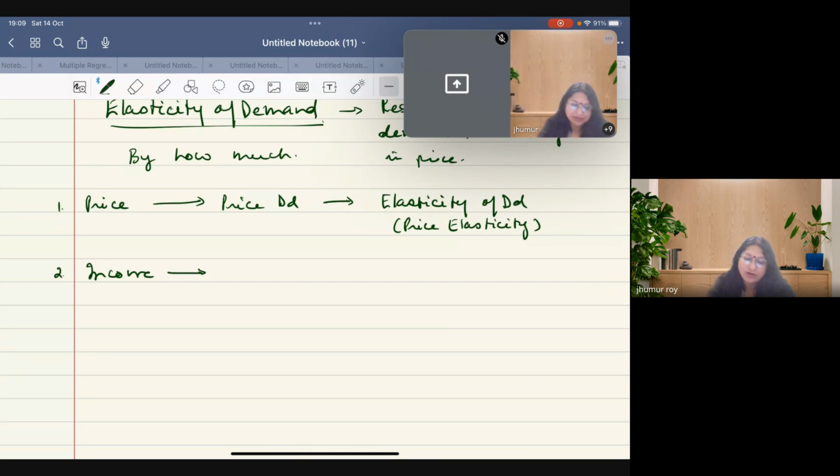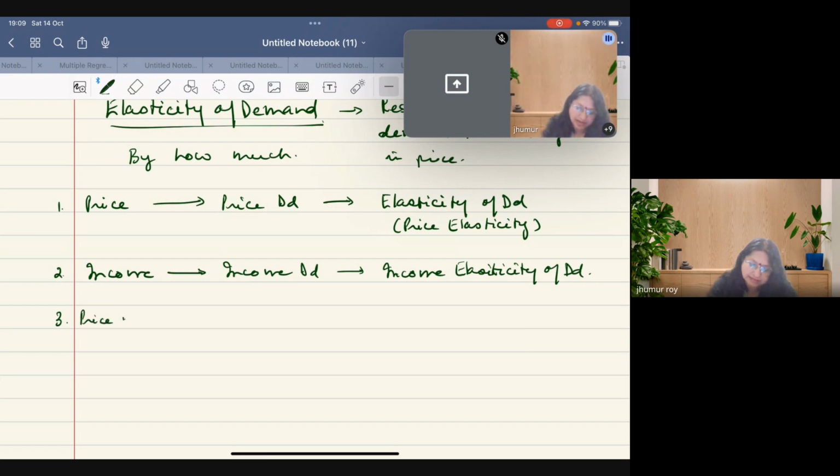Okay. So when we talk about income and demand, this is called income elasticity of demand. Then the third one is when we talk about price of related goods.